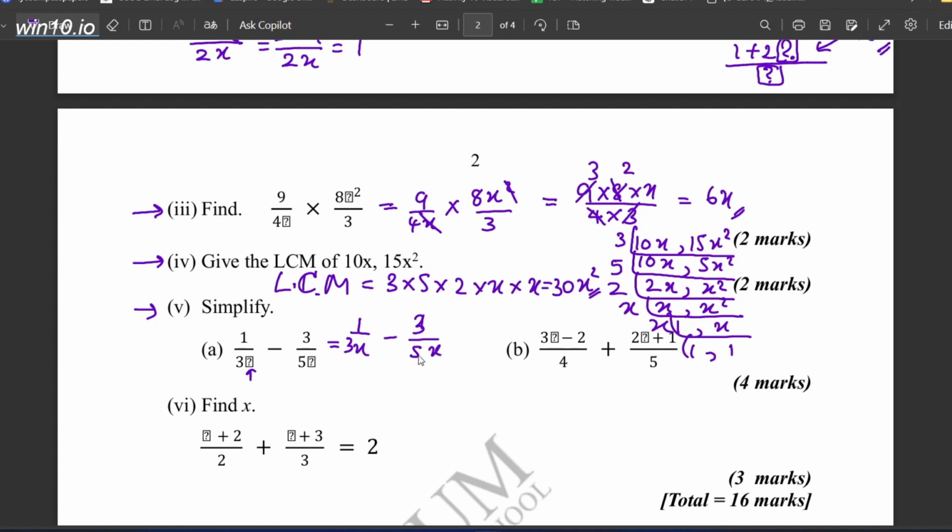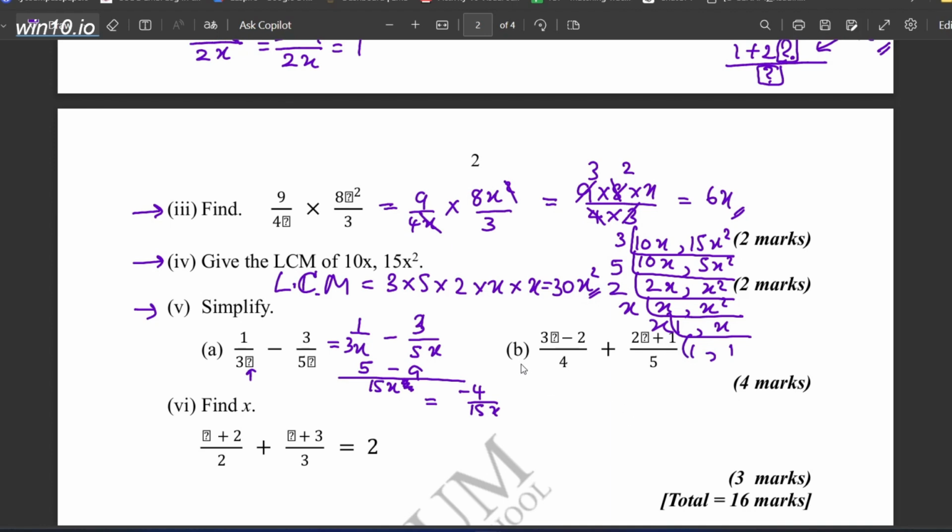We both can get a common denominator. So then it would be 15x. Then this would be 5 minus this would be 9. So minus 4 over 15x is the answer.